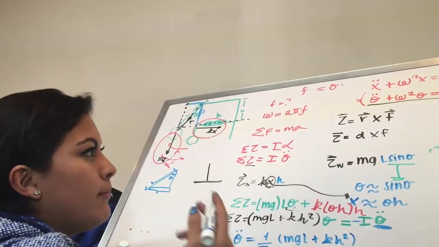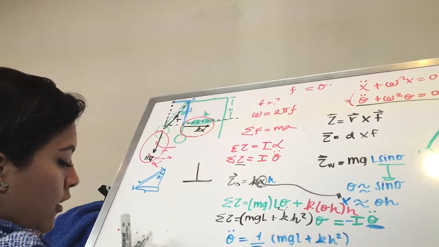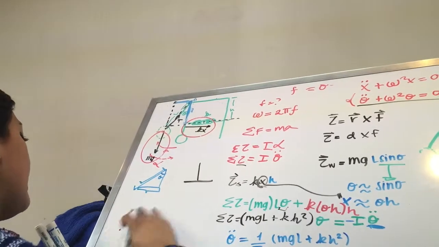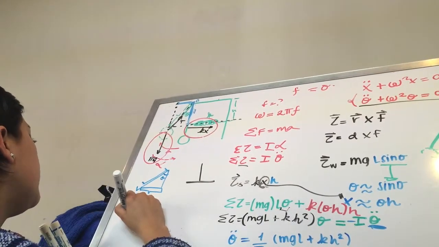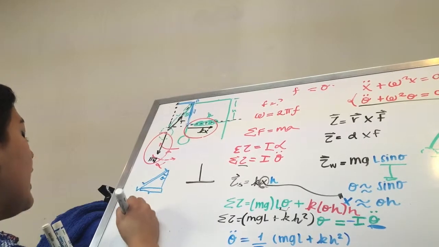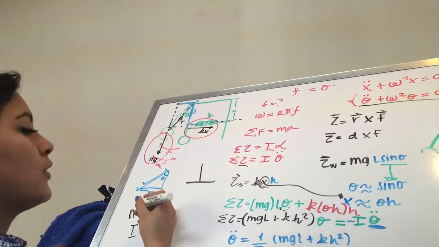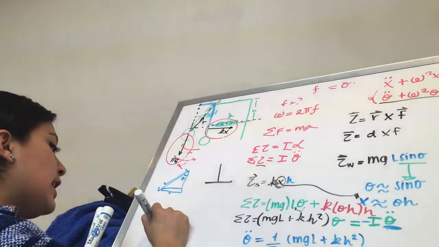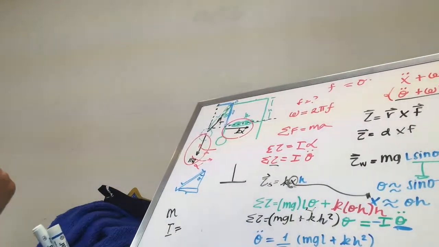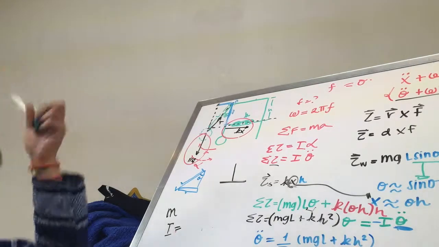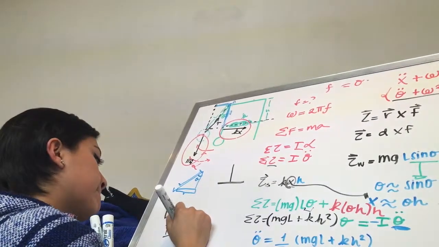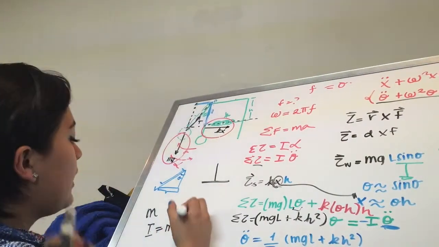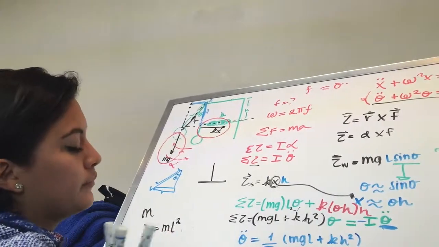And now if we remember this also, for a mass m, an object with mass m, our inertia would be equal to the mass times the distance where the point is applied to the square.